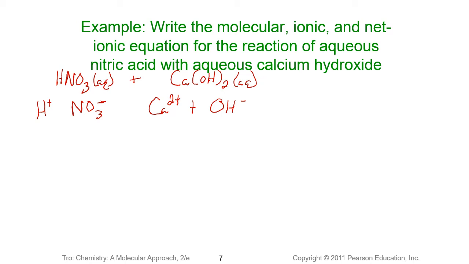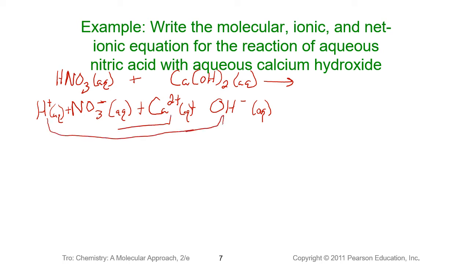So when we've split these into the ions, we're going to get H plus dissolved in the solution. We're going to get nitrate dissolved in the solution, get calcium, and hydroxide.